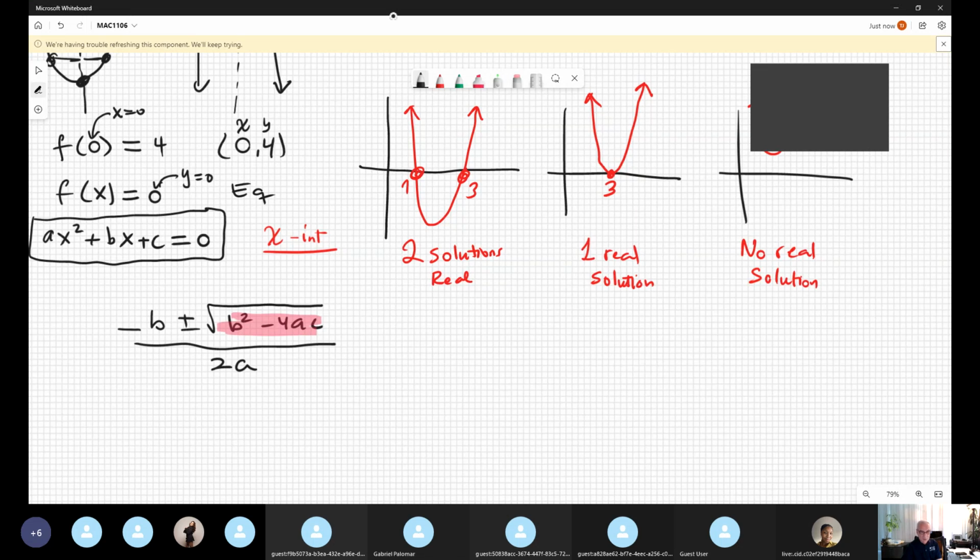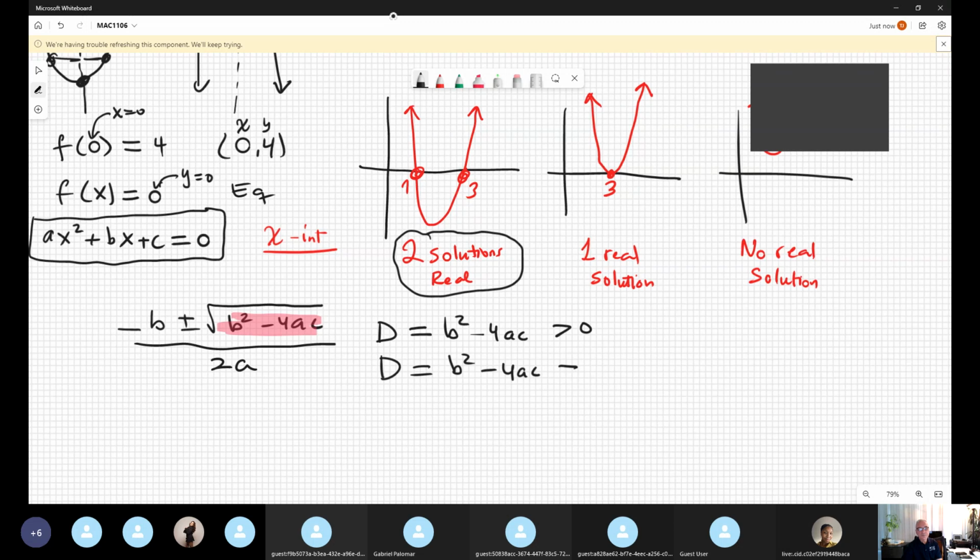If this expression, let me call it capital D, b squared minus 4ac, gives me a positive number, we have two real solutions. If D is equal to 0, there is only one possibility.